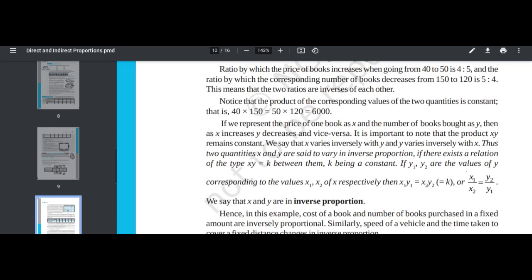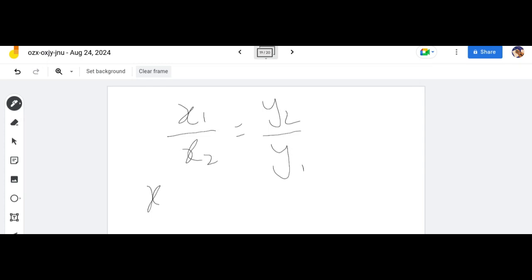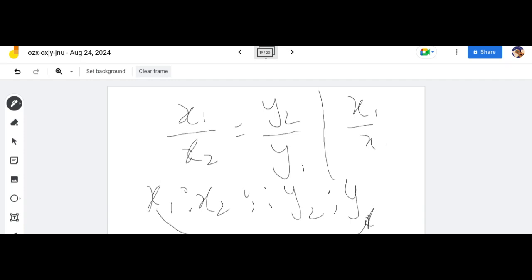If I put the proportionality sign here with x1, x2, y2, I have to do the inverse proportion. It means that I have to do it in the opposite direction: x1 is equal to y2, and x2 is equal to y1. This is the inverse thing.